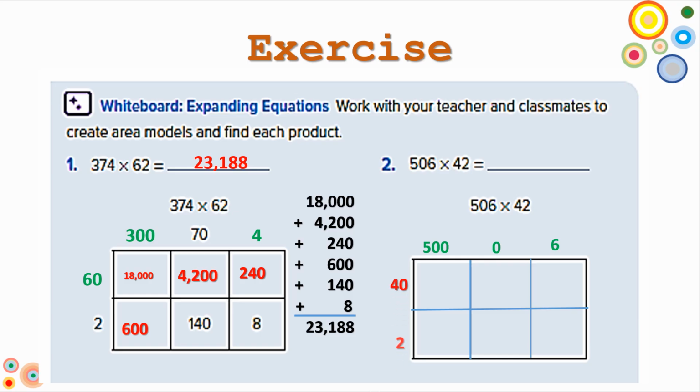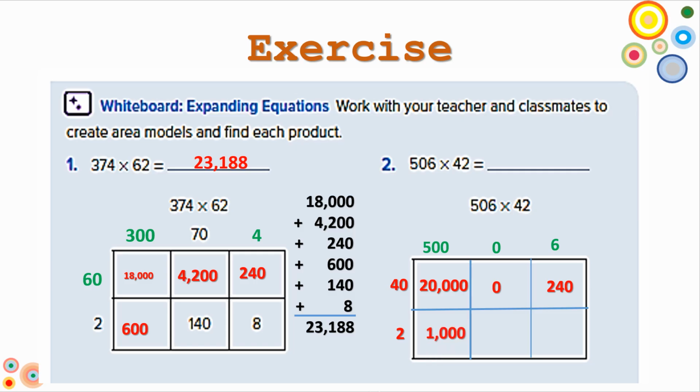Next number 40 plus 2. Multiply each other. 4 times 5, 20, and drop 3 zeros. The next one, 0 times any number, it will be 0. The next one, 6 times 40, it will be 240, and drop 0. 2 times 500 and 6.